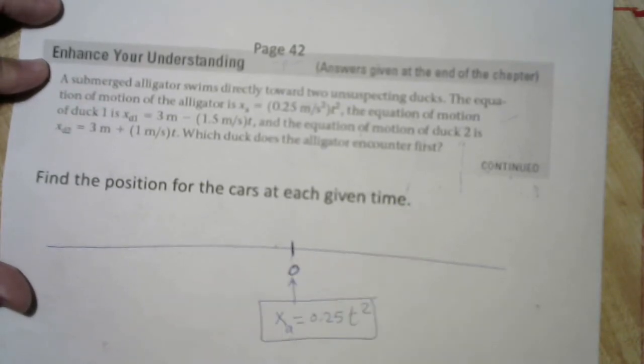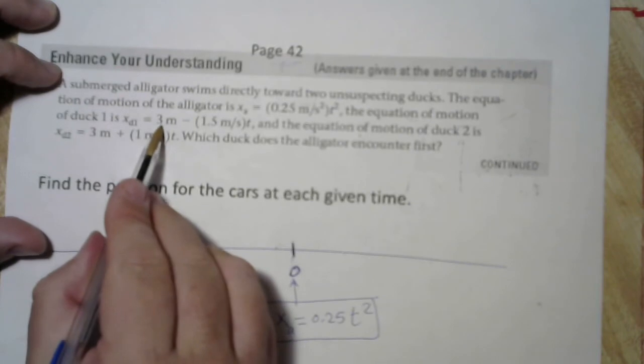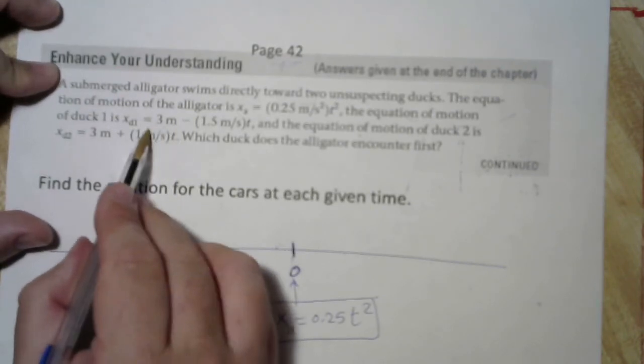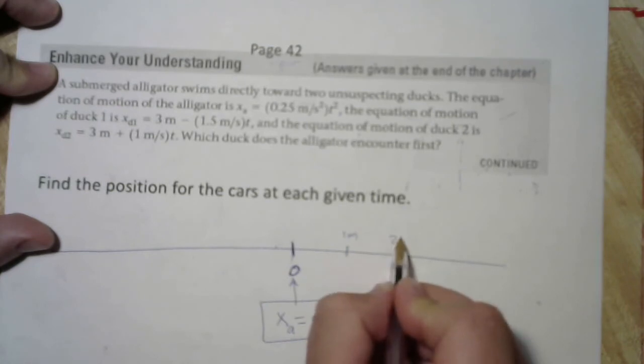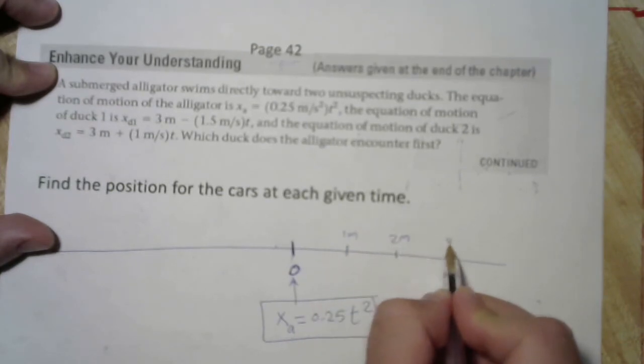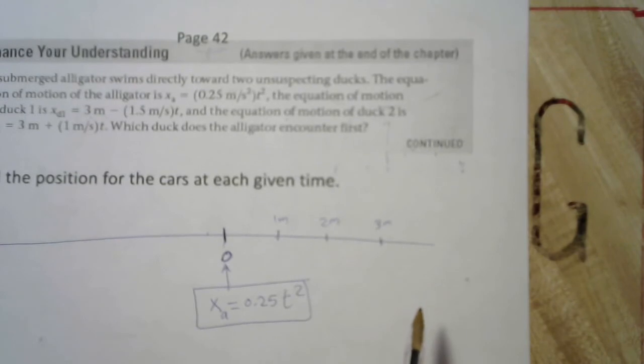We have two ducks. They are away from him 3 meters. This is 1 meter. This is 2 meters. This is 3 meters. Look.